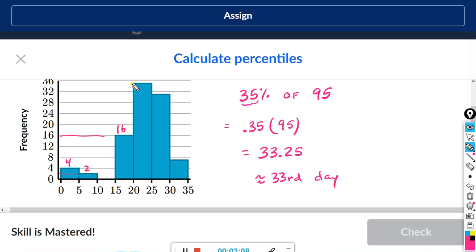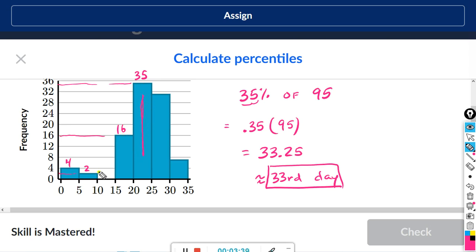And this bar here represents almost 36, so I'm going to say 35. We're looking for the 33rd day, counting from the left. So this is the first 4 days, plus 2, that's the first 6 days, plus 16, that's the first 22 days. So the 33rd day is going to fall within this range right here.